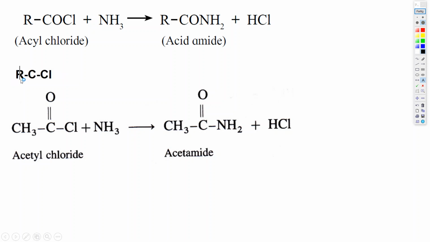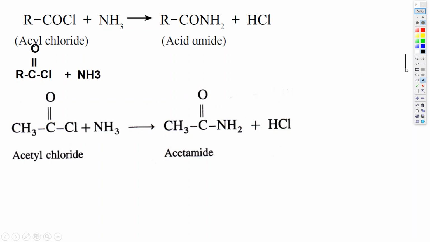This is the Cl, and here is a double bond. You can write the double bond like this, and this is the oxygen, and this is the ammonia, that is, plus NH3.